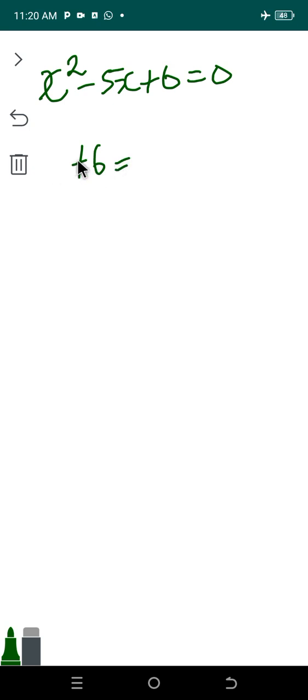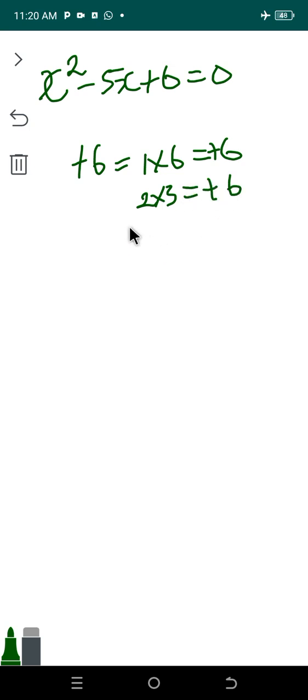We are finding two numbers, two pairs of this factor plus 6, that if you multiply it together you have 6, and if you add them together you have minus 5. So let's consider one of the pairs to be 1 multiplied by 6 will give us plus 6. The next one will be 2 multiplied by 3 will give us plus 6.